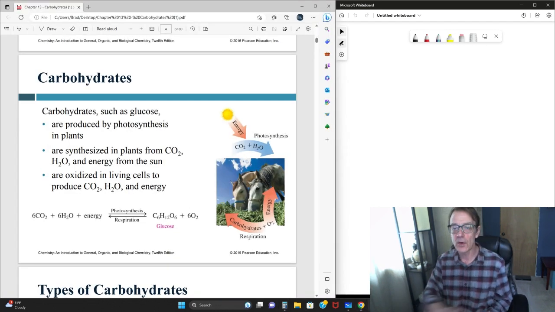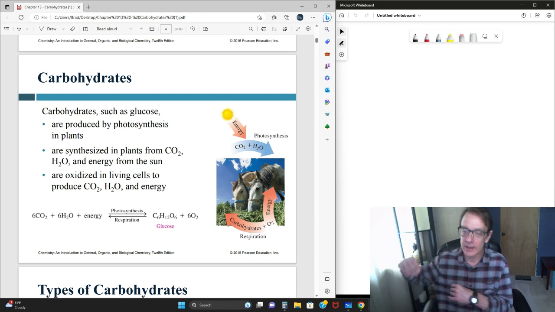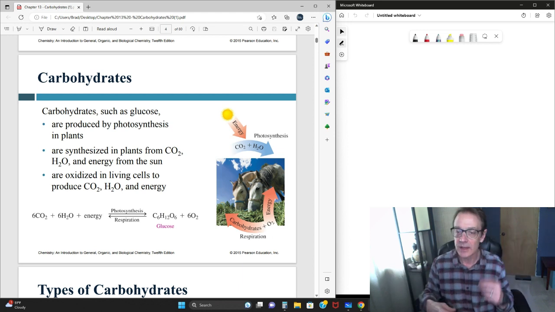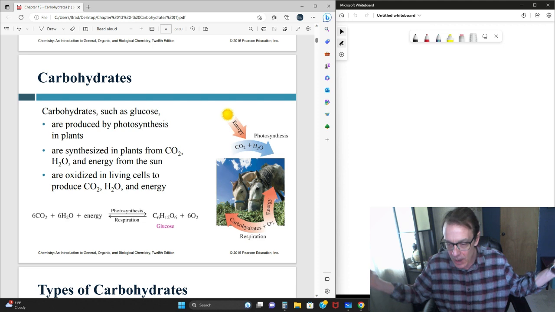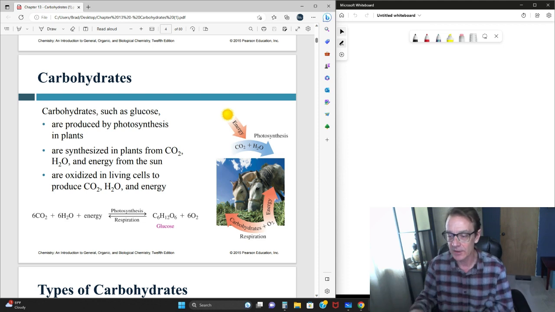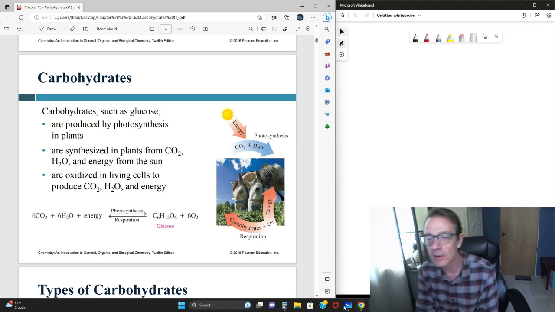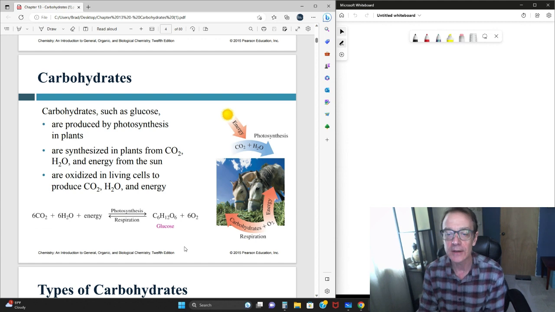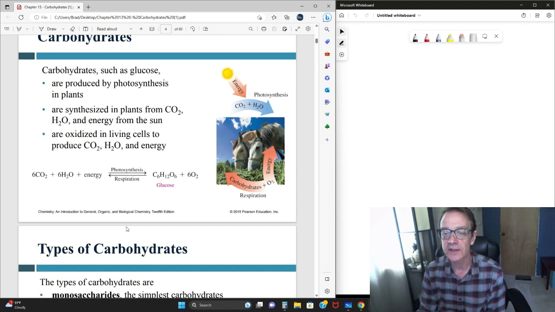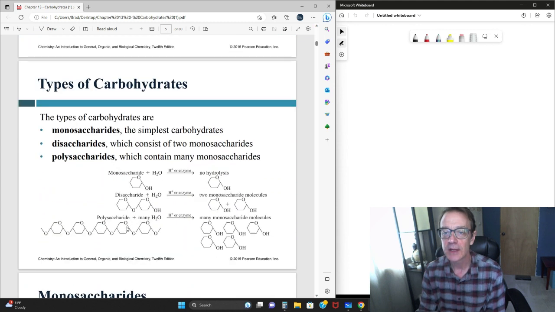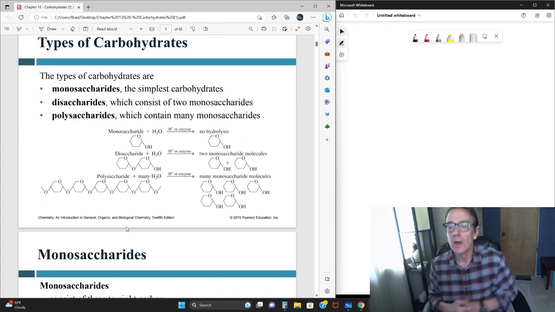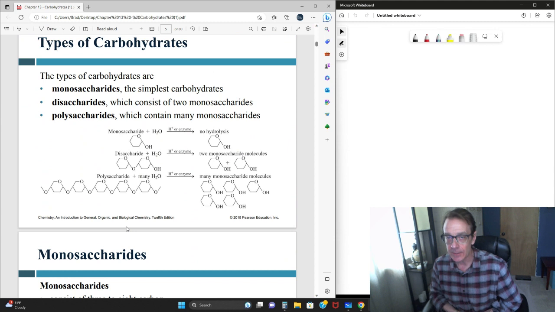All right, so photosynthesis, making of carbohydrates, respiration is a combustion which we all participate in just by virtue of being living, breathing mammals. We are combusting carbohydrates and releasing the energy that we use for our metabolic processes. Okay, breaking those bonds. Okay, so there are three types of carbohydrates.